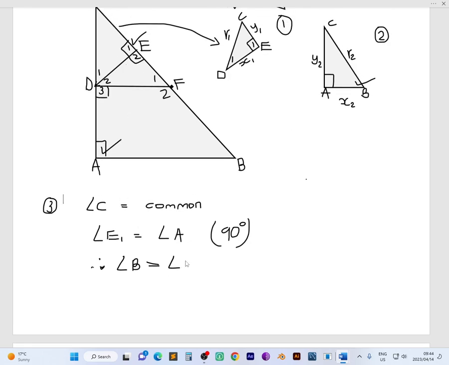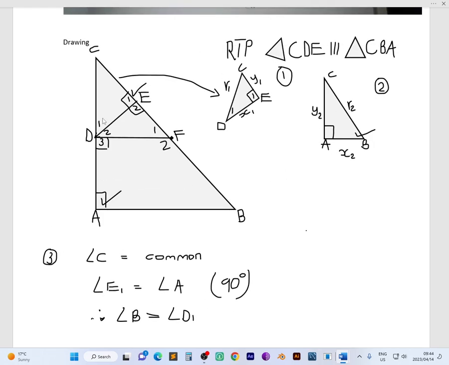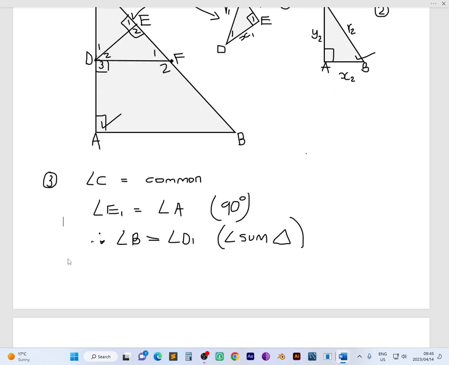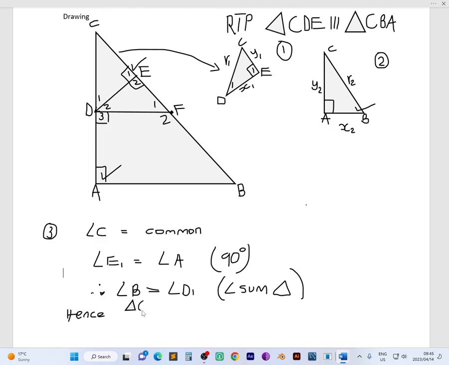So if two angles are equal, then the third one is also equal. You only need to prove that two are equal, then the third one is automatically equal. So we have this reason as sum of angles in a triangle, so you can just leave it like that. And hence, after we have proved that, it shows that triangle CDE is similar to triangle CBA, and proved.